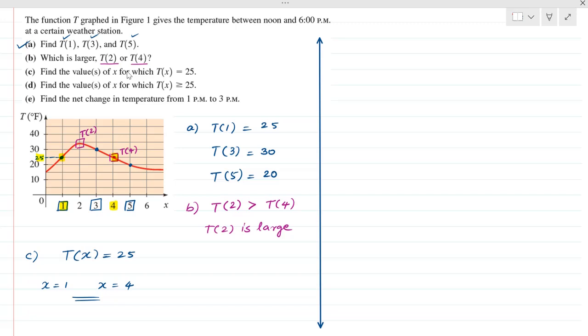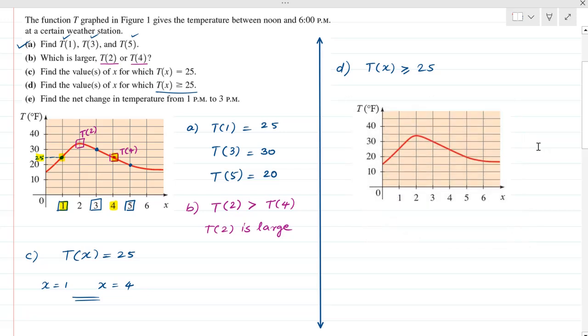Now the next one is asking for the values of x where T of x is more than 25. How will you find the more than part? I will take the same graph. Here we take T of x more than 25. Where is the 25 here? You have to find all the values of x. This is the 25. At which points is the value more than 25?